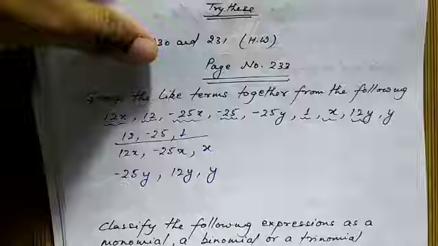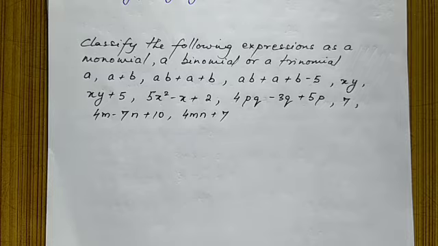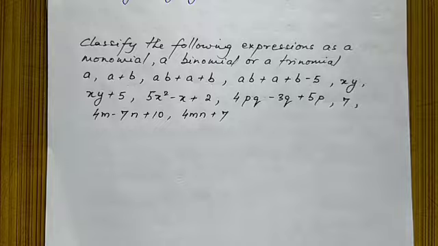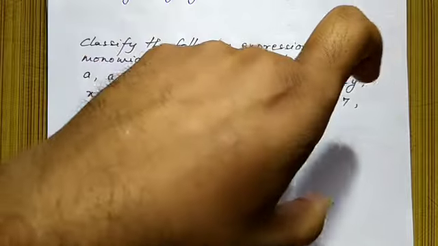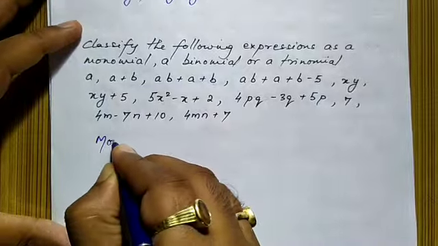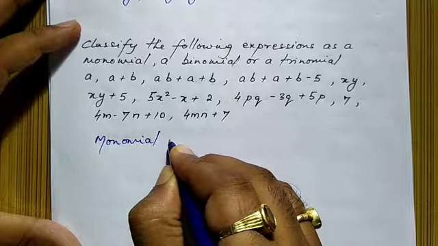Second, try these. Okay, next question, classify the following expressions as a monomial, a binomial or a trinomial. These expressions are given. So monomials, first monomials, which have only one term.